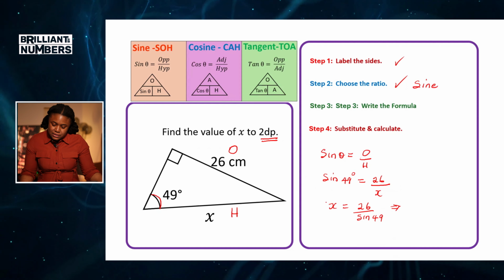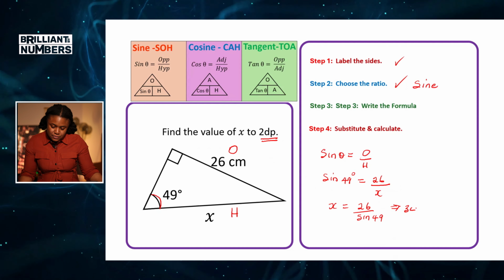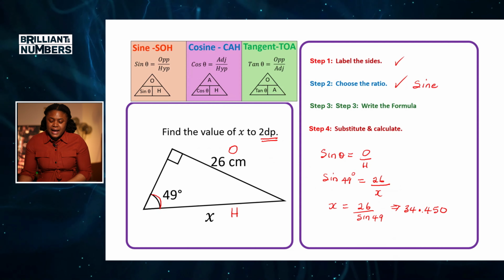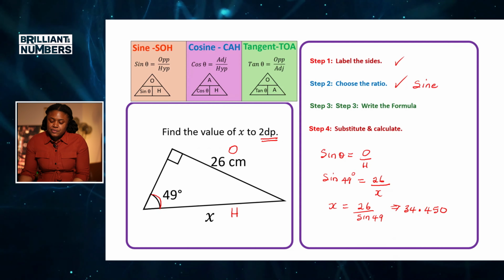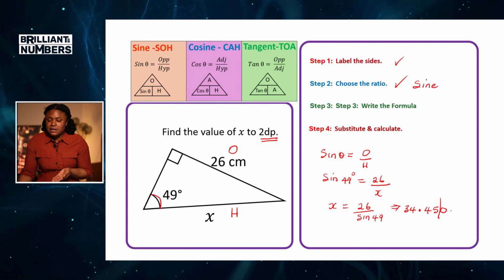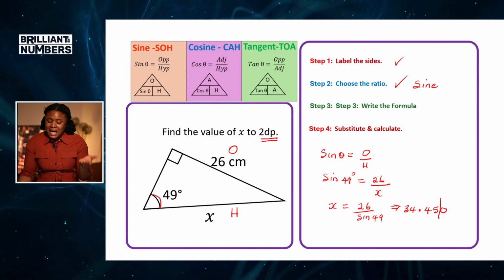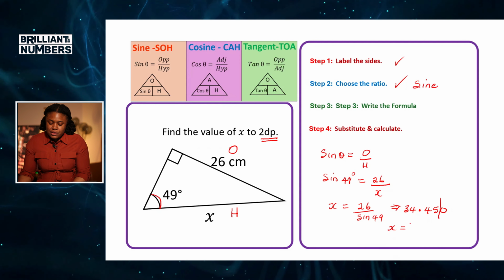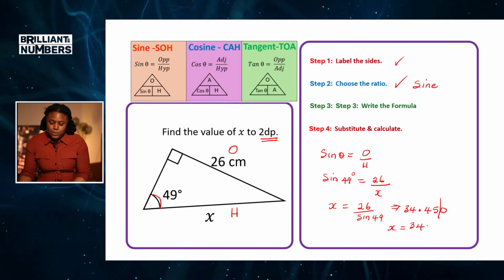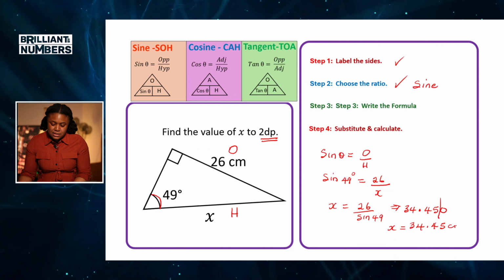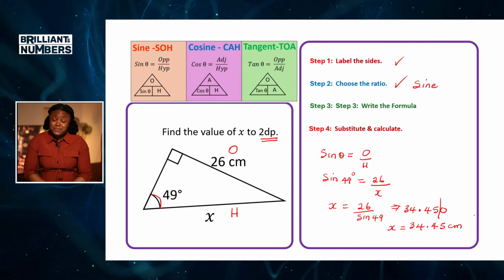So I'm going to write 34.450. I can see here 4, 5 are the 2 decimal places and 0 is the third, which means I have nothing to add on. So my final answer, x has to be 34.45 and my unit is centimeters.